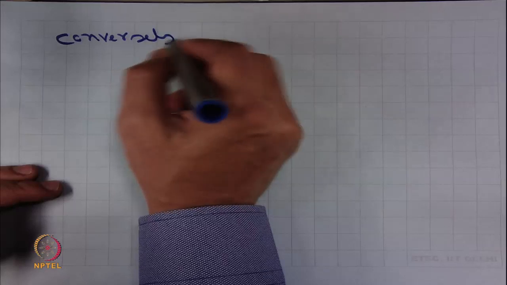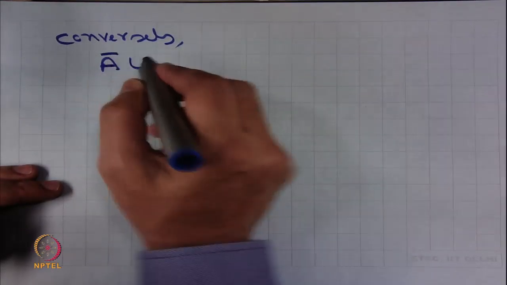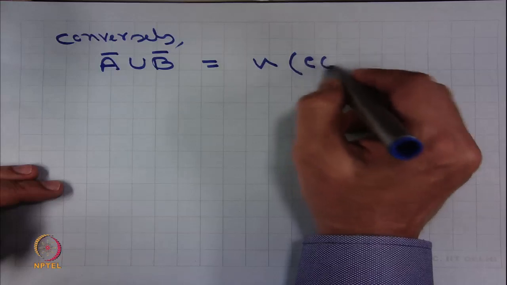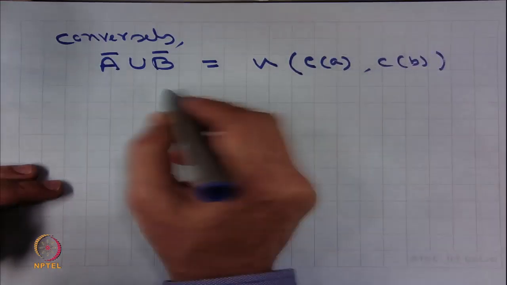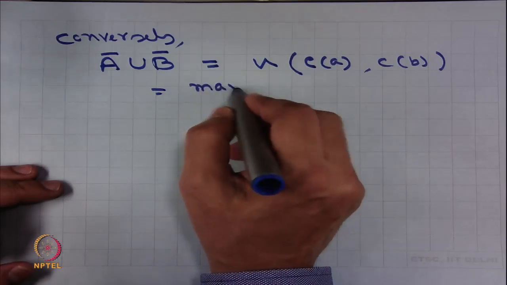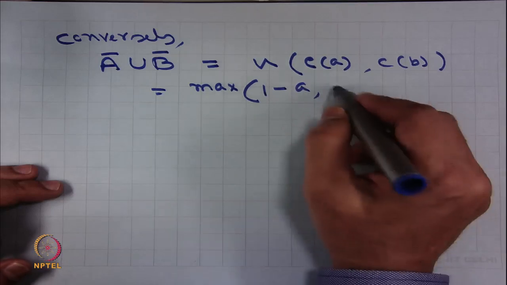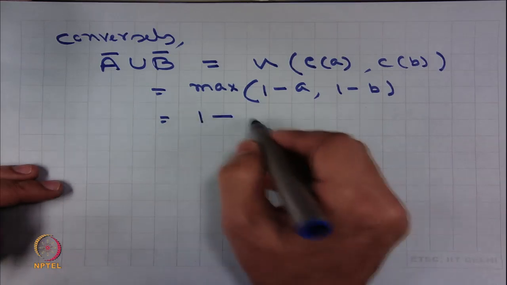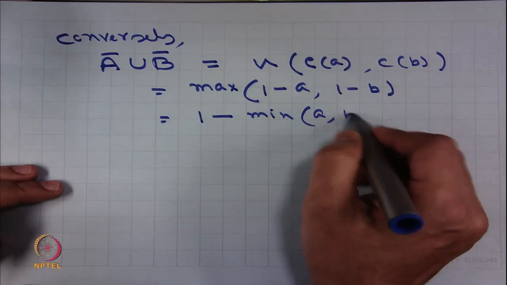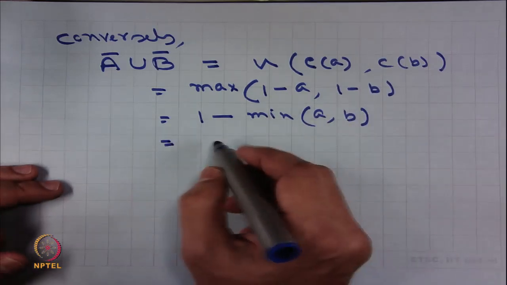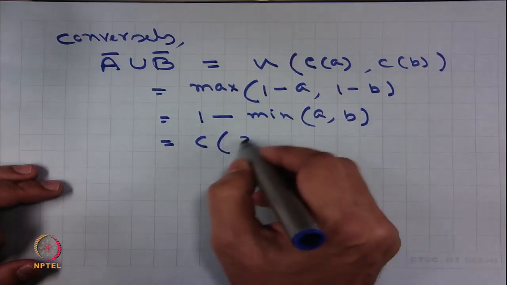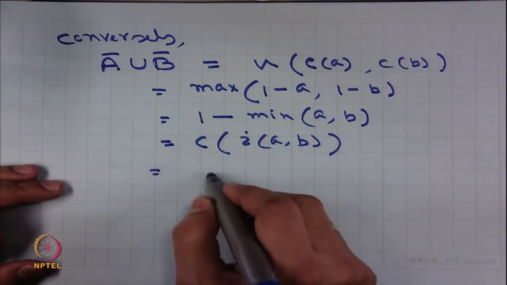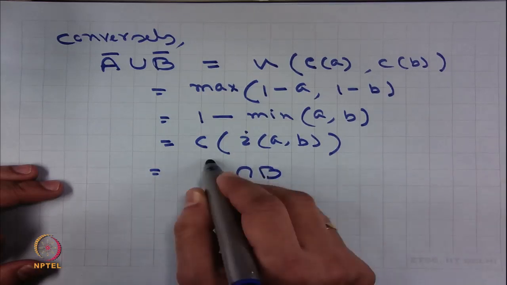Conversely, A complement union B complement, we can write it as union of complement of A comma complement of B, which is equal to maximum of 1 minus A comma 1 minus B, which is equal to 1 minus minimum of A comma B, which is the complement of intersection of A comma B, that is, (A intersection B) complement.